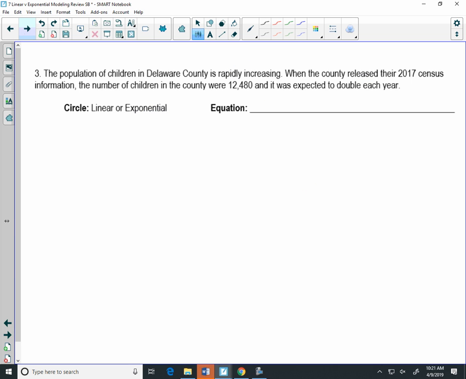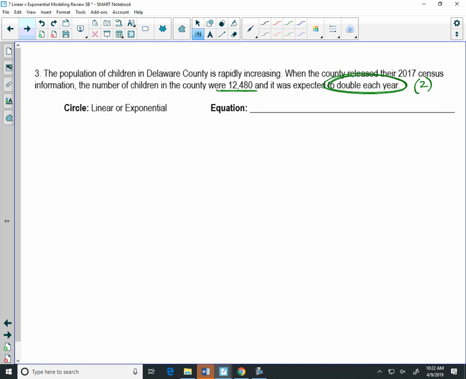All right, a couple more. We have children in Delaware County. Our population is rapidly increasing. The county released their 2017 census. The number of children in the county was 12,480, and it was expected to double each year. So here is what we started with, doubling each year.